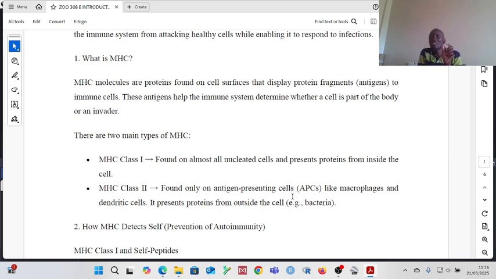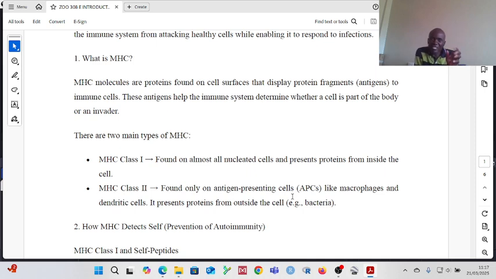The protein that is being displayed by the MHC comes from a cell. The immune system uses that displayed protein to determine whether the cell it came from is part of your body, and it recognizes it as being self, or if it is part of an invader, the immune system recognizes it as being foreign.